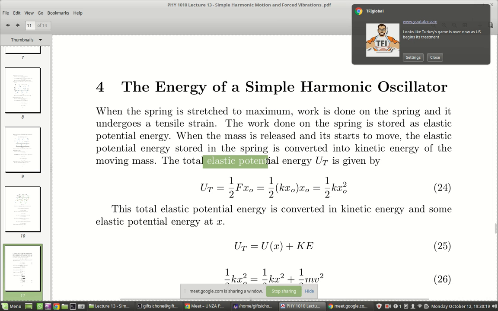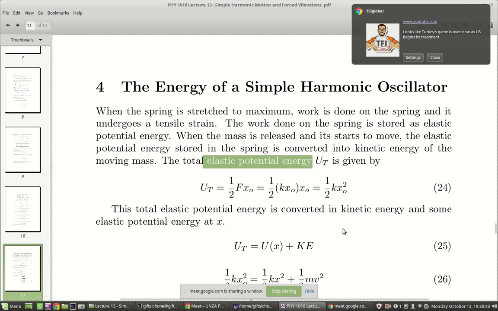Okay. However, your spring will not always remain stretched, because we know that if this spring is attached to a mass, then when you release the mass, it is going to move.